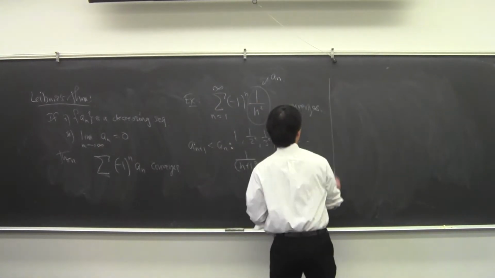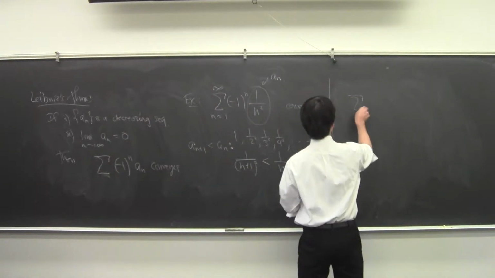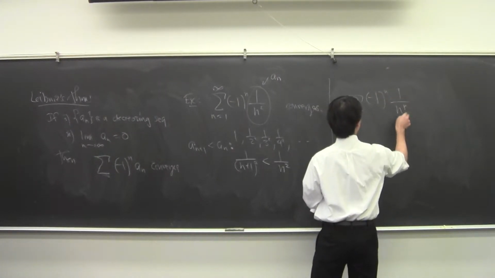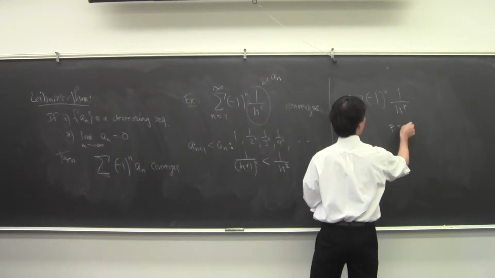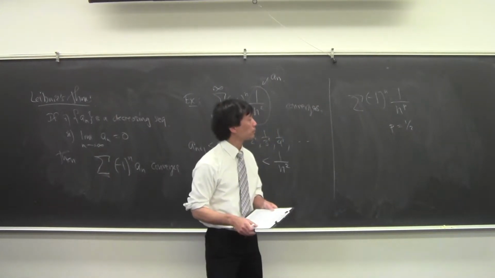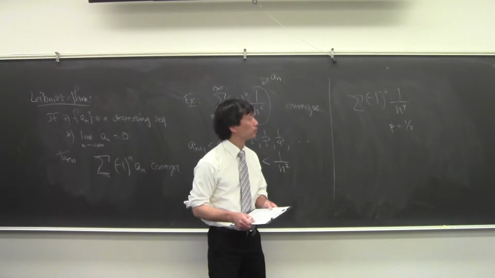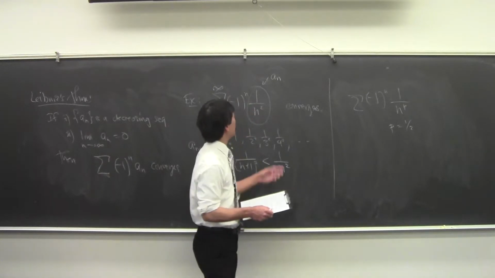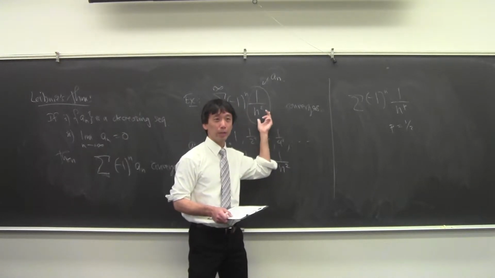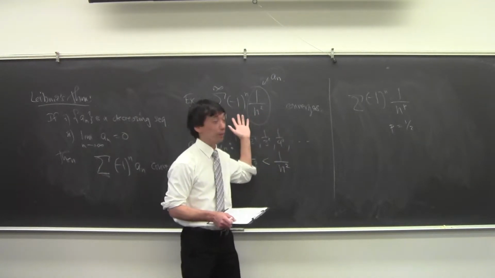Okay. But suppose we have something like this, the summation of (-1)^n times 1 over n to the p, where p is, say, 1/2. Here with n squared, the sum of 1 over n squared converges, so absolute convergence works.